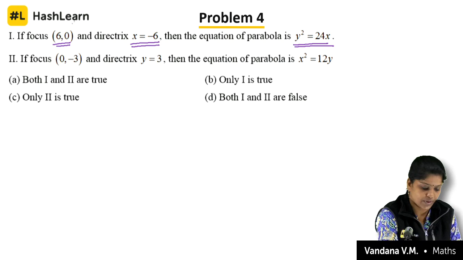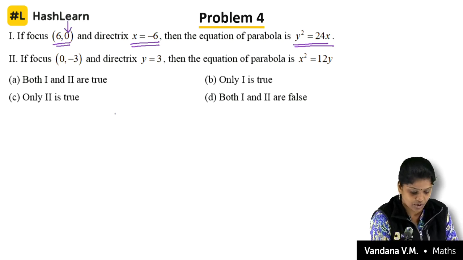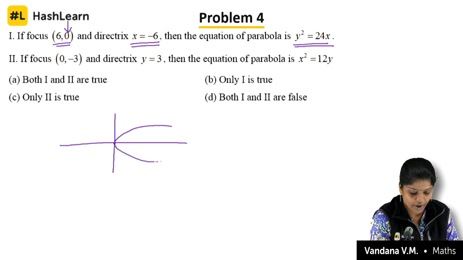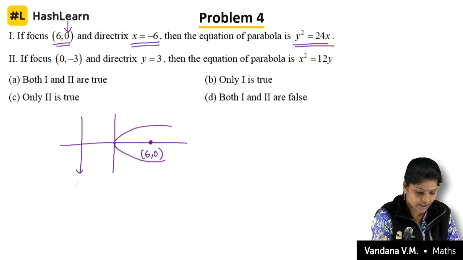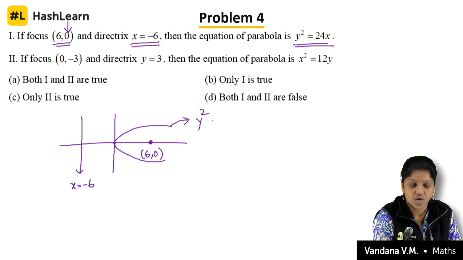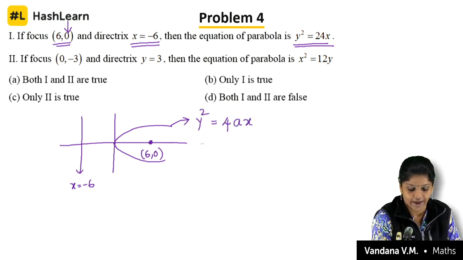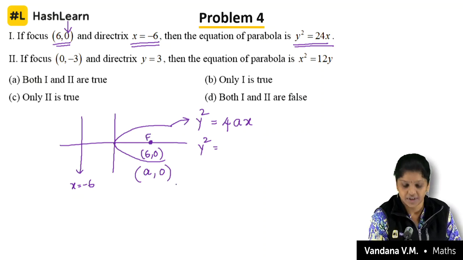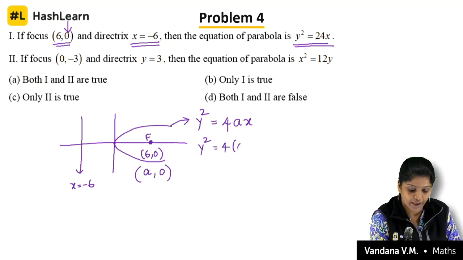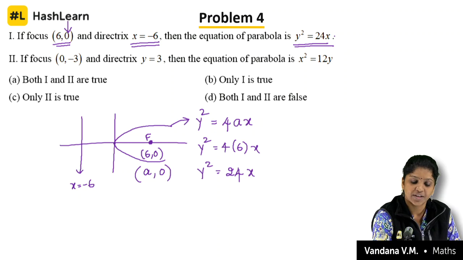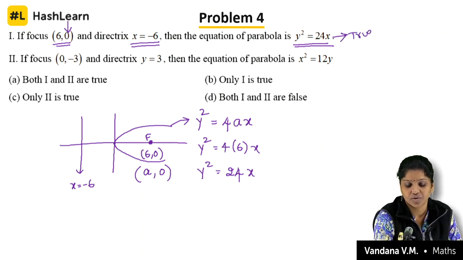Usually the equation is y square is equal to 4ax, where a comma 0 is the focus. Focus is always a comma 0. I know the a value, so 4 into 6 into x, y square is equal to 24x. Correct. The first one is true.